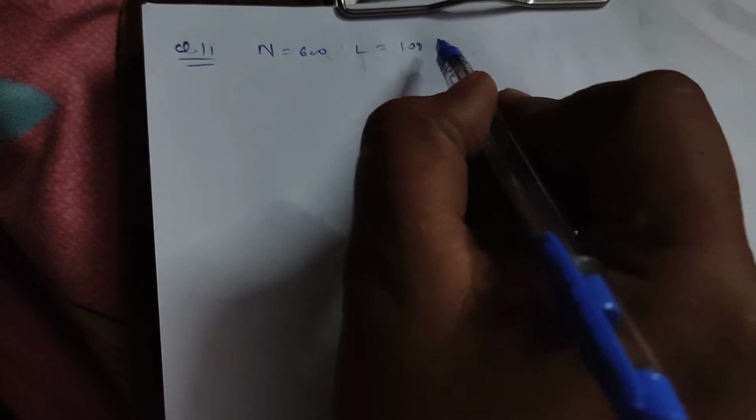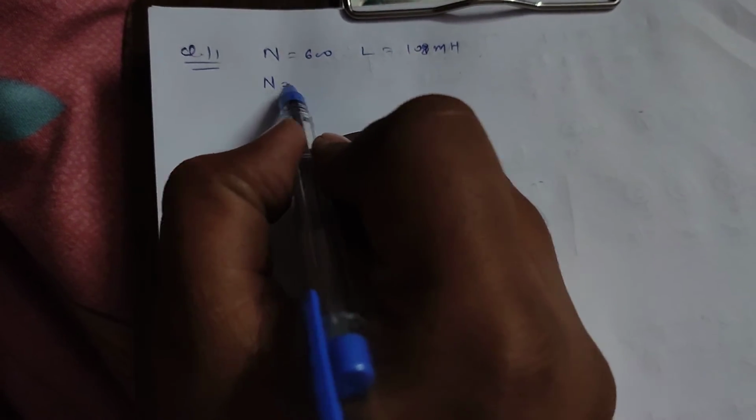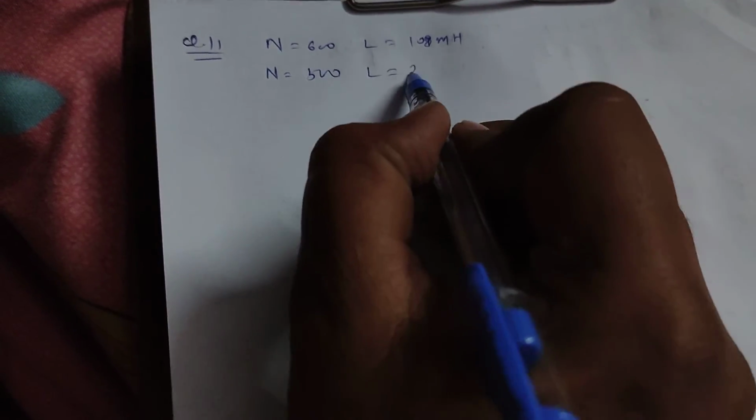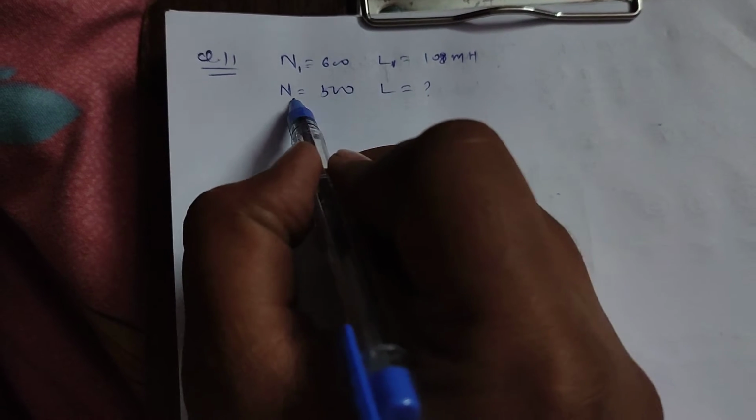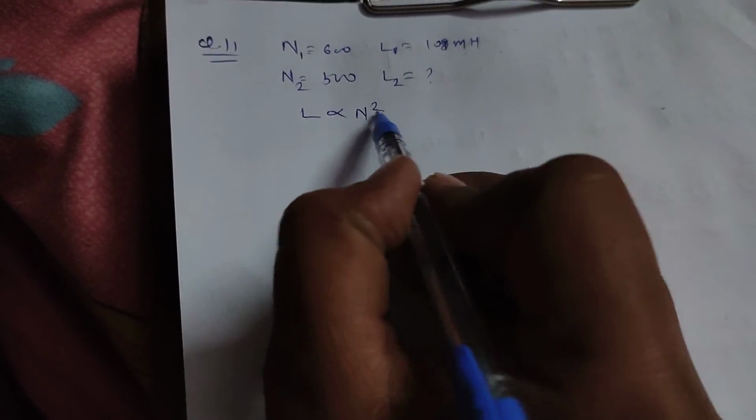In question number 11, the question is, the self inductance of a solenoid of 600 turns is 108 millihenry. Number of turns are 600 and L is 108 millihenry. If number of turns are 500, then what is the value of L? So it is simple. It is N1, L1, N2, L2, and we know L is proportional to N square.